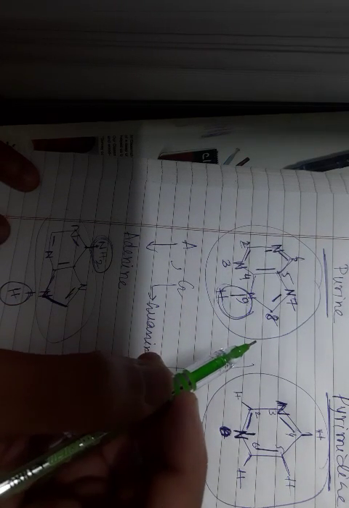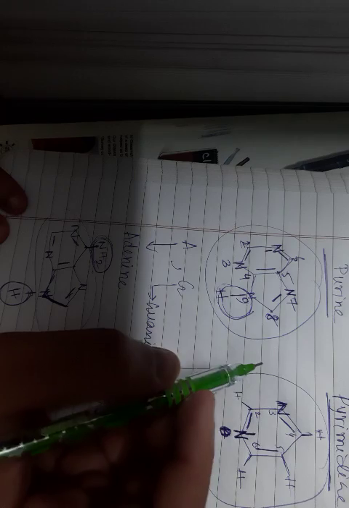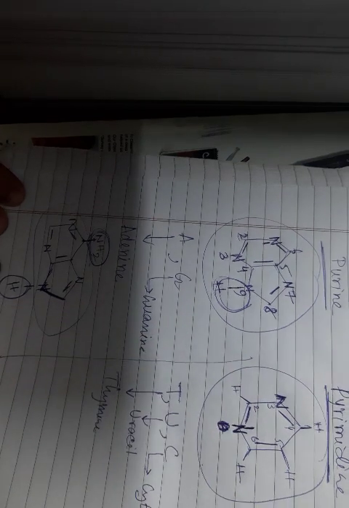And so in adenine also, in the 9th carbon there is an H, and using this, adenine and all those which are purines, at the 9th carbon they get attached to the carbohydrate, that is the pentose sugar.